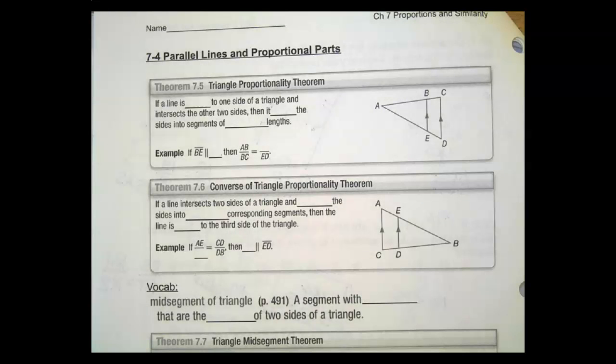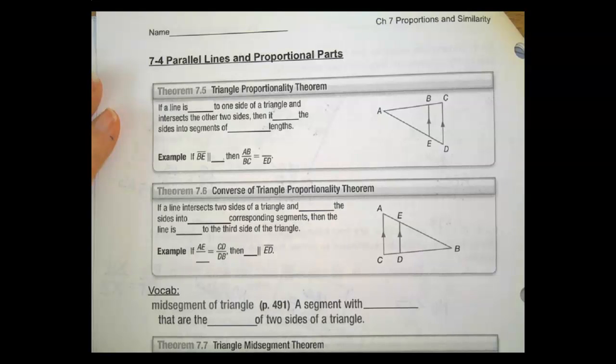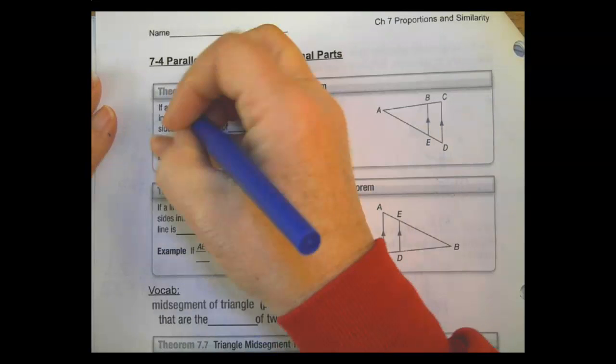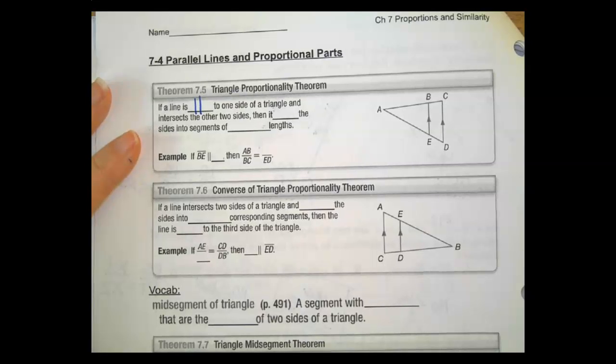Okay, so parallel lines and proportional parts. So now we have to do with parallel lines. If a line is parallel to one side of a triangle and intersects the other two sides, then it divides the sides into segments that are proportional.